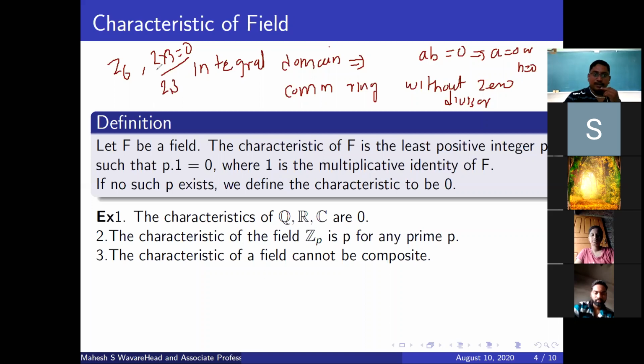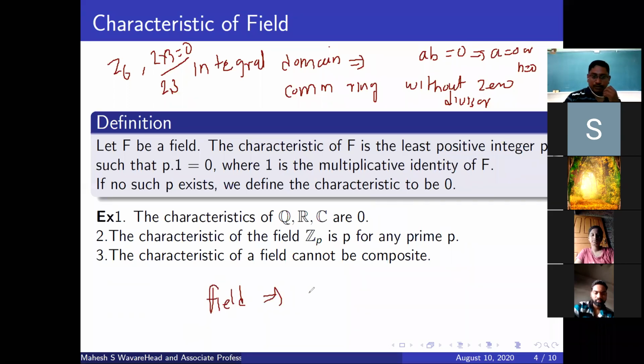The ring without such elements is called an integral domain. It must be commutative first, that you also keep in mind. One can define the characteristic of an integral domain also, but our main purpose here is the field. So every field is an integral domain.